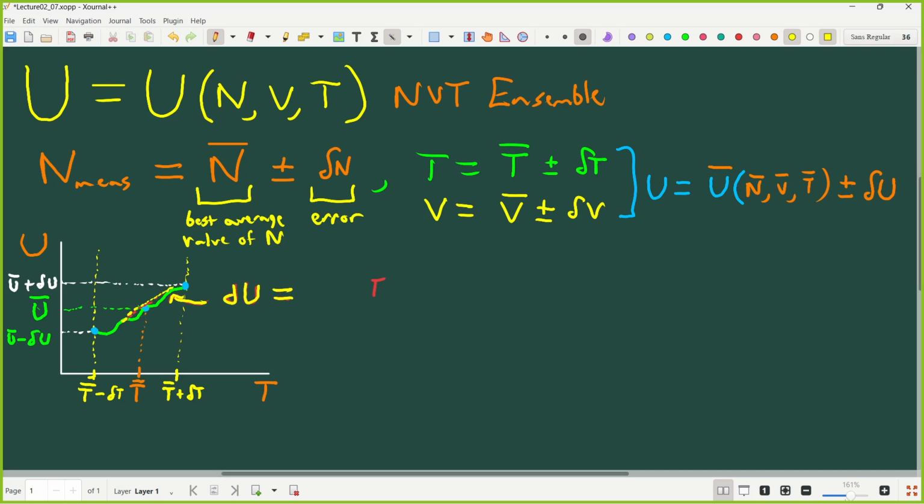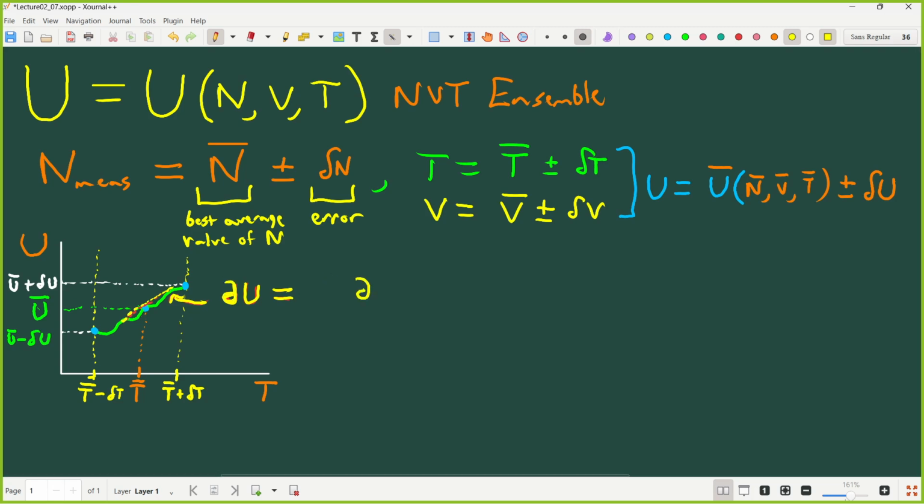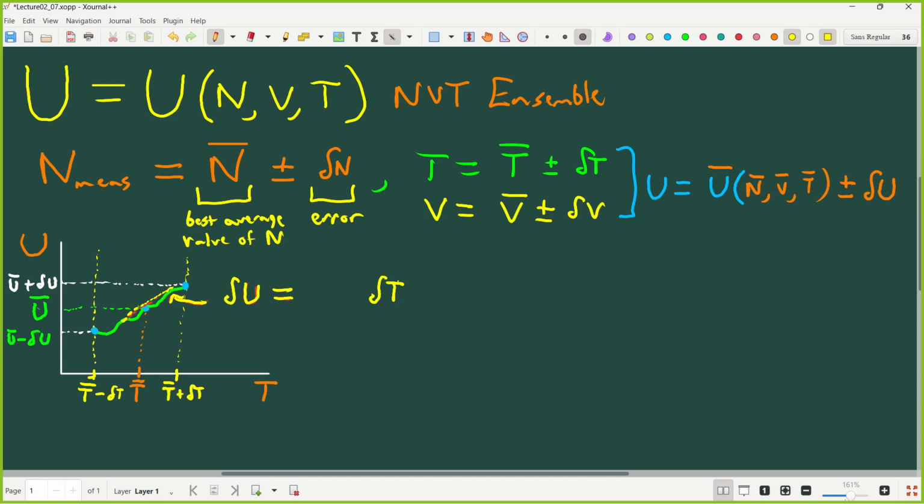So delta u changes as delta t changes. So let me do the little squiggly deltas because these are the errors. Oh, sorry, that's the wrong d again. I apologize. This one, little deltas. Delta t. And how do they vary? Well, they vary as the slope of the curve at that point.